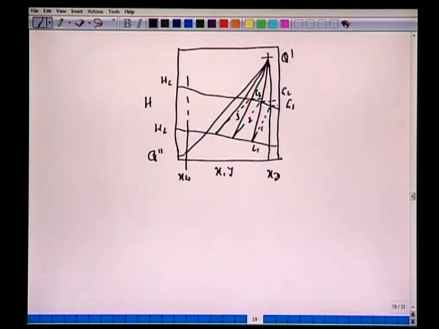Similarly here we have L1, L2, L3. Now we are talking of these ratios, arbitrary ratios of Ln over Gn plus 1. We said that this is approximately constant. All we are saying is that, say, L1 over G2 is constant.